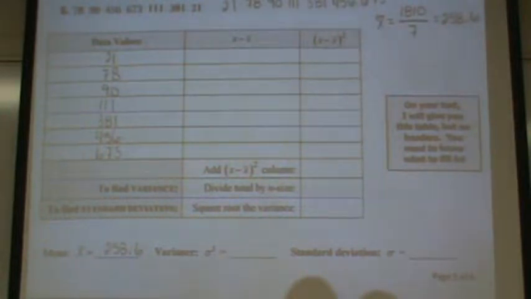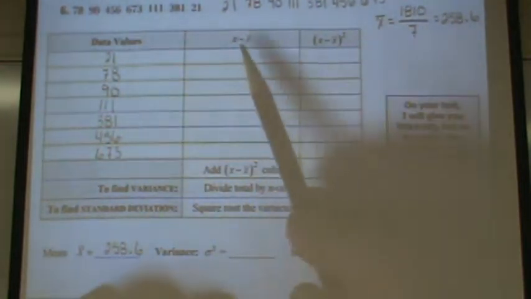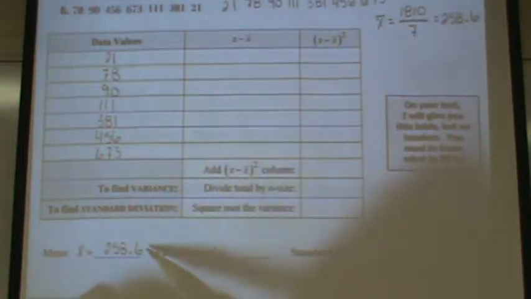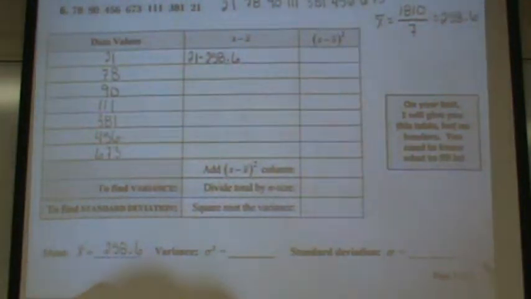Now the next column is your data value subtracting the mean. So we're going to have 21 minus 258.6 in the first row of our second column. That gives us a negative 237.6.